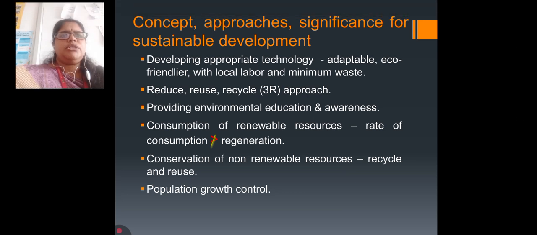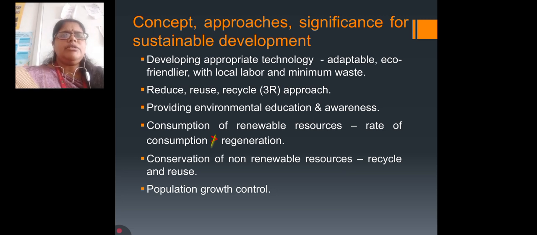The concept, approaches, and significance of sustainable development are developing appropriate technology, adaptable, eco-friendlier, with local labor and minimum waste. The next is reduce, reuse, recycle, that is, the 3R approach should be adopted in all the techniques. Providing environmental education and awareness.